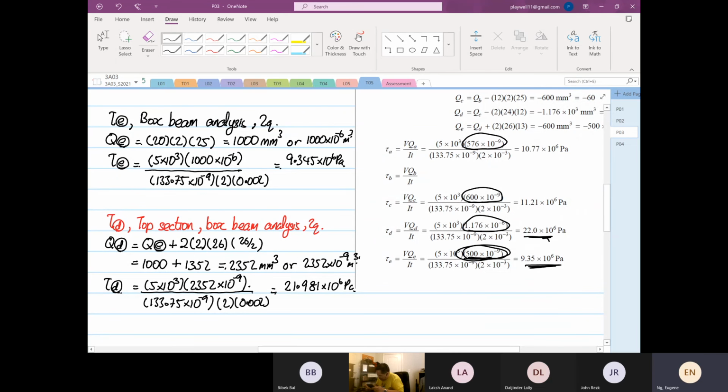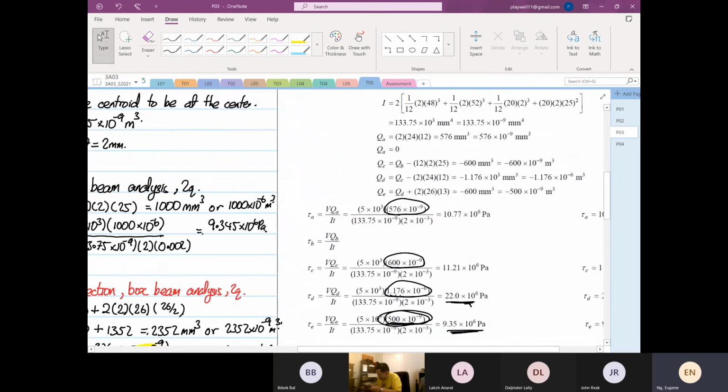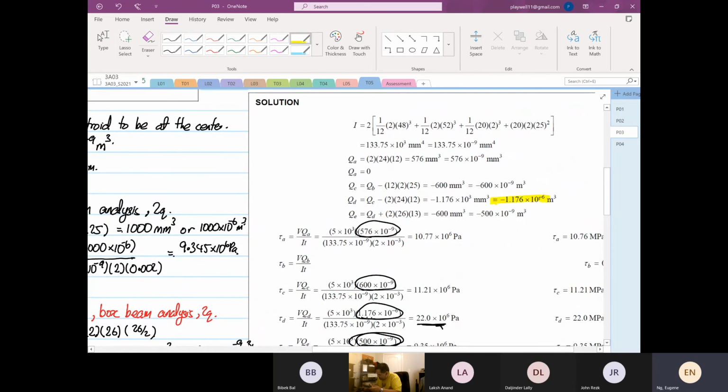We are not that far away. Their Q is 1176. If you take 2352 like what we have and divide by 2, it's 1176 exactly like what they have. But when they get 1176, they have this minus thing that is going on. Don't bother.